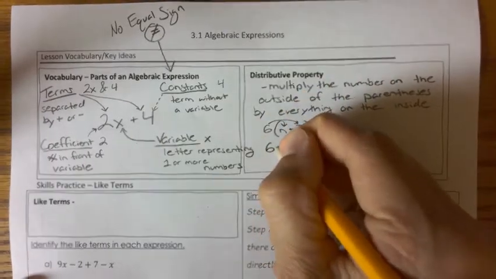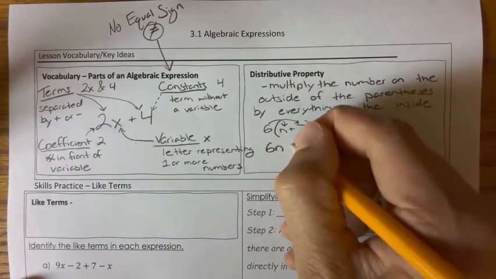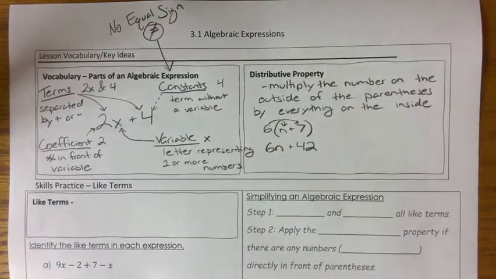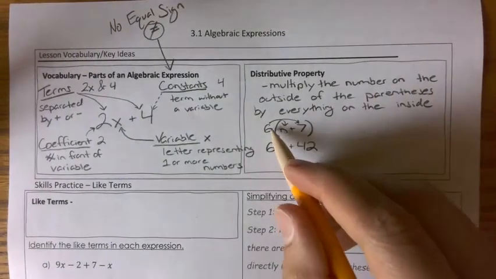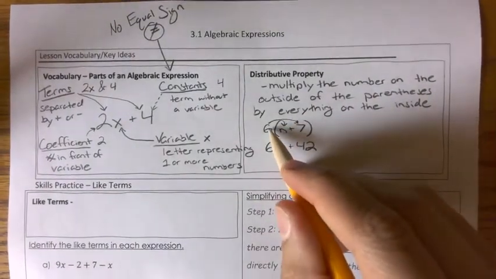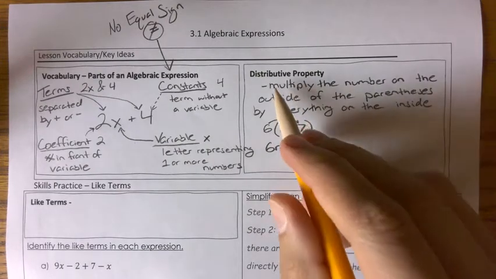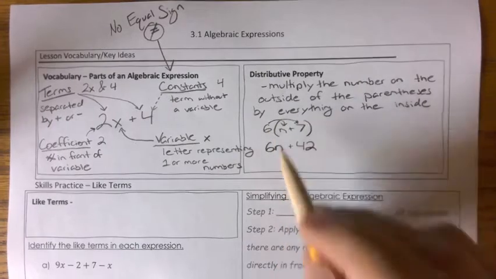That'll be 6n. 6 multiplied by 7. That would be positive 42. And that would be your simplified version, because you're having 6 of these items. So you distribute the 6 to each term. That's why it's called the distributive property, because you're distributing that multiplier, that coefficient.